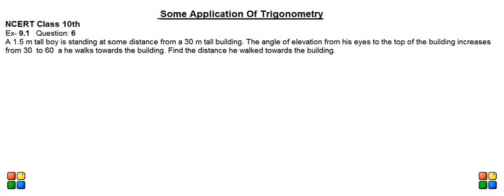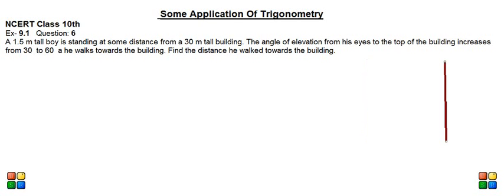As per the question, a 1.5-meter tall boy is standing at some distance from a 30-meter tall building. If I go further with the diagram of this particular numerical, we can easily see there is a building, which is nearly 30 meters tall.